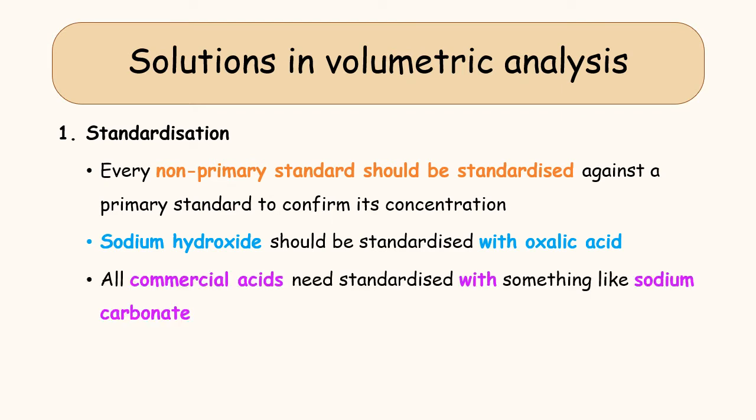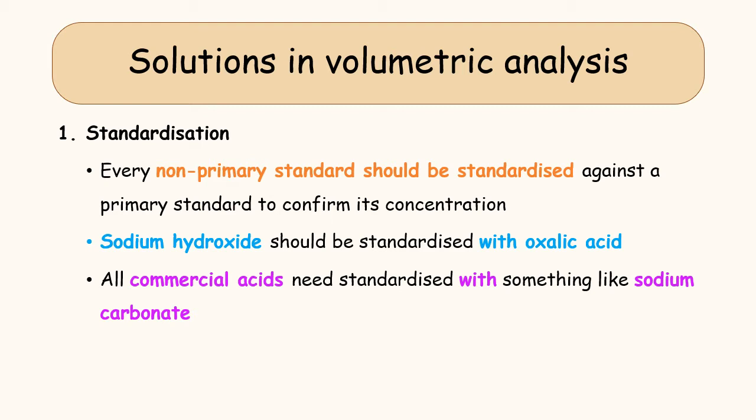Commercial acids. Now you should be able to trust a commercial acid, and most people do. However, if you really want to confirm your accuracy, you should be standardizing hydrochloric acid, sulfuric acid, nitric acid that you buy against a primary standard like sodium carbonate. So you do a titration.